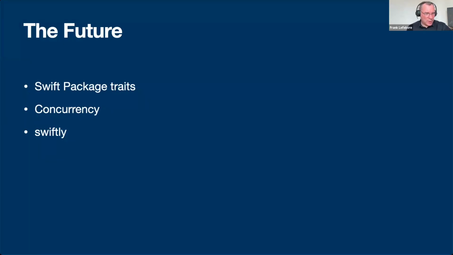And hopefully embedded Swift will be included in the official toolchain so that we don't require a nightly build to use it. And if that's not the case, there's a new Swiftly command line tool that can make it easier to use the nightly builds. I haven't tried it yet, but currently I'm using a script to force the latest toolchain when I'm using embedded Swift, but it's a possibility.